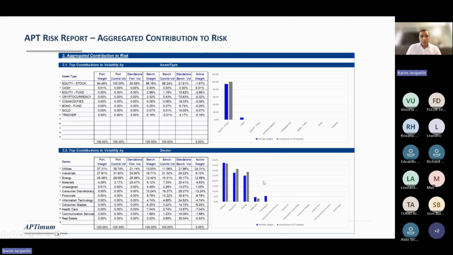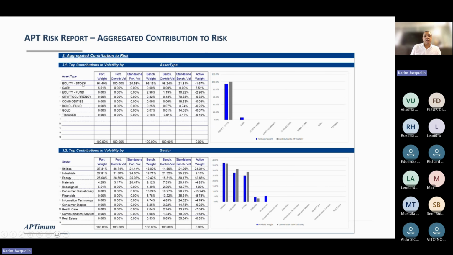Now, second page. In this second page, we use the contribution to volatility at the position level that I have explained. But we aggregate those contributions to volatility according to asset type and sectors. So for asset type, we use this classification.